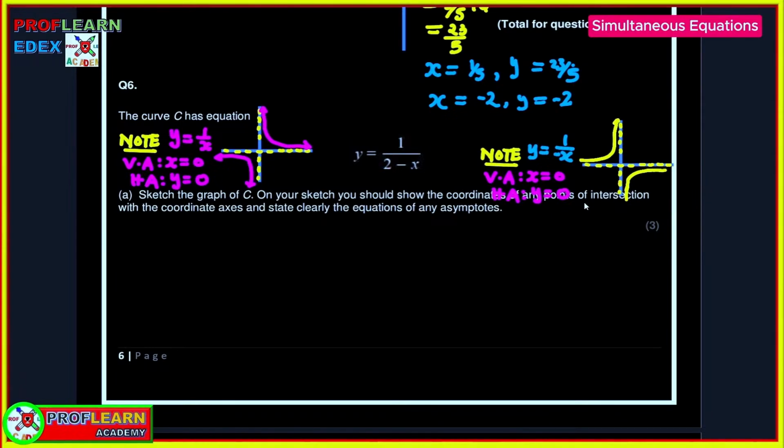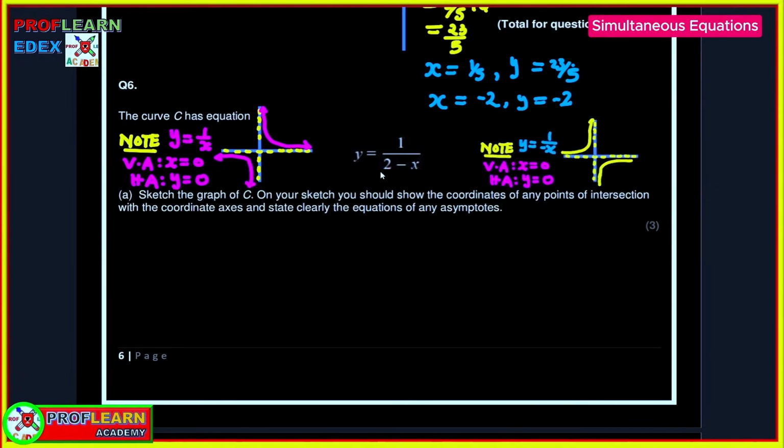So, whenever you're going to sketch the graph that we have here, we are going to have the second part of the graph. The vertical asymptote is x equals 2, but the horizontal asymptote is y equals 0.